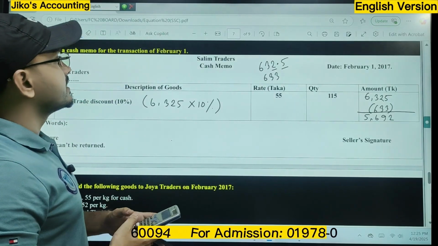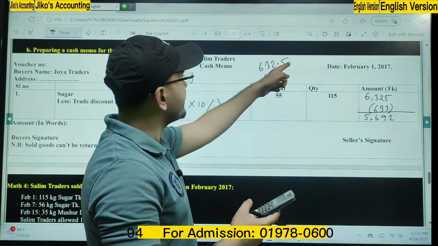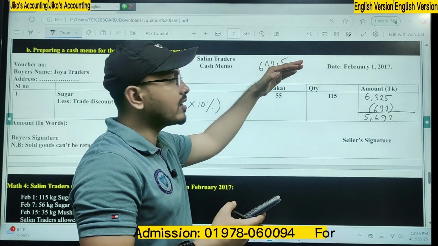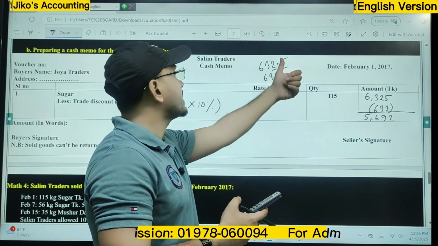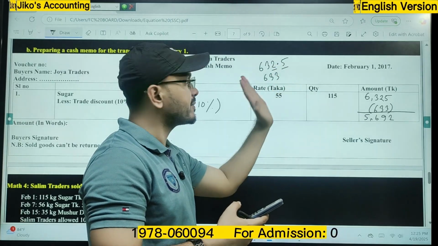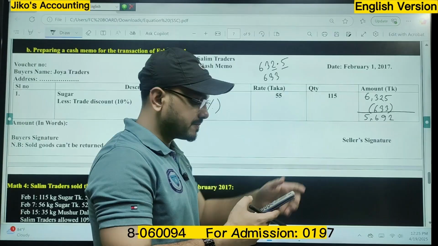Then I get 632.5. As it is after the decimal, the figure is similar to 5 or upper of 5. You can add 1 with the last digit. So I have made it a round figure by avoiding decimal, 633.